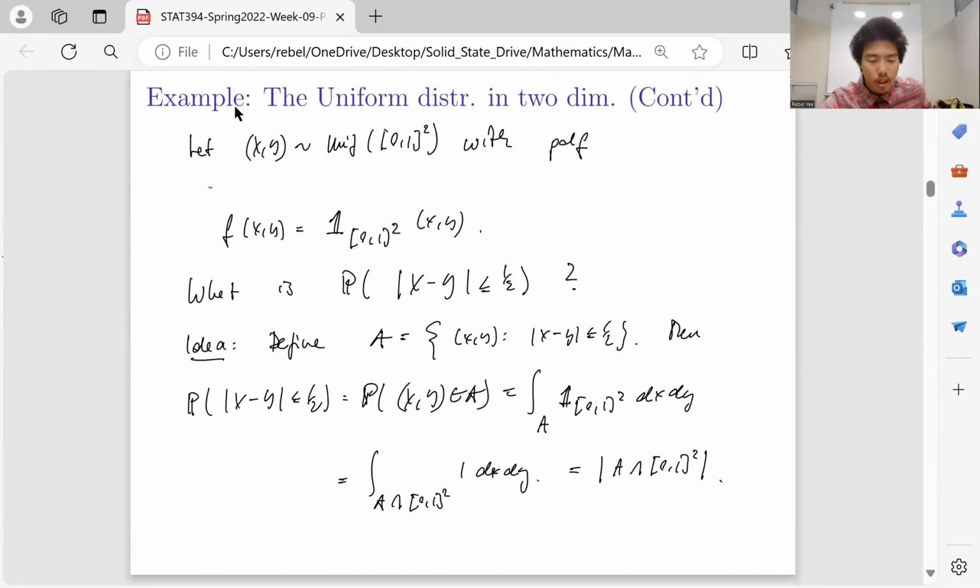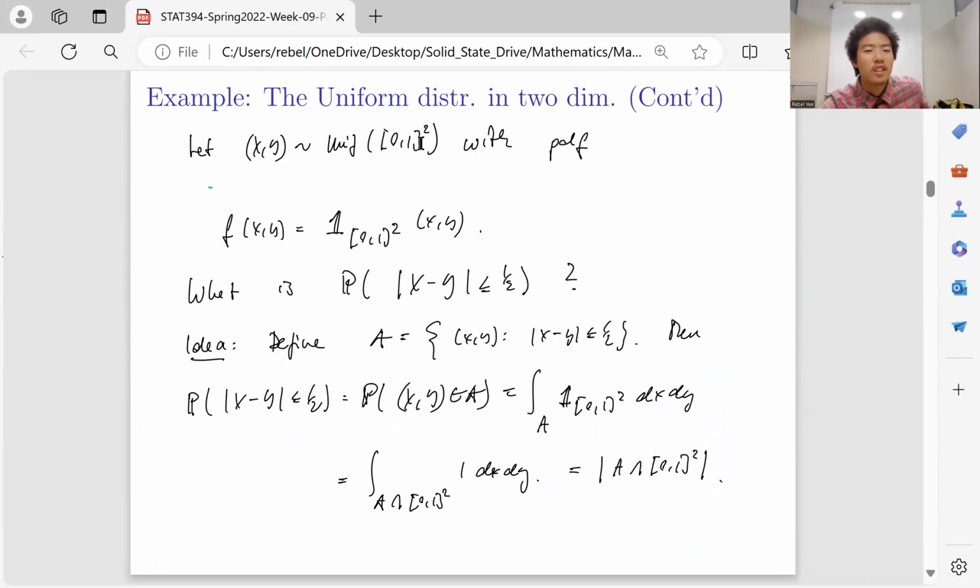Okay. So let's first assume that (X, Y) is uniformly distributed over the unit square, going from 0 to 1 squared. What's the area of this region? It's just 1 times 1, which is 1.